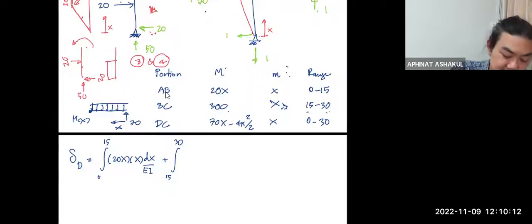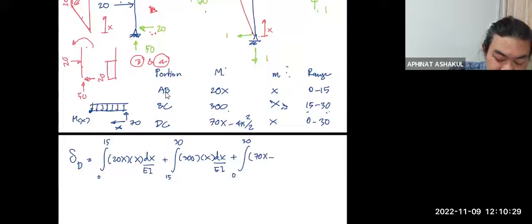Can't do that. Here is 300 multiplied by x, dx over EI, and the last portion, 0 to 30. Here is 70x minus 2x squared and x over EI.